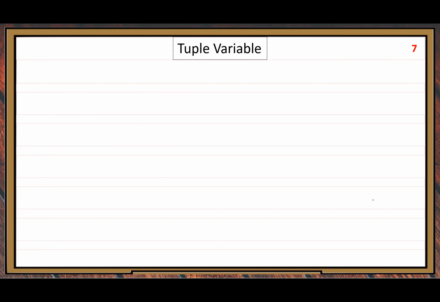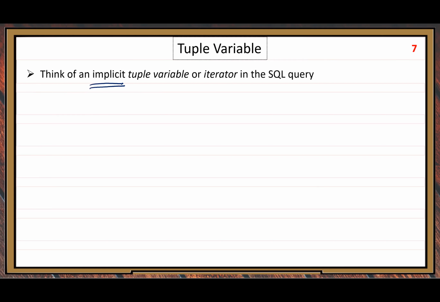Tuple variable. Now let us understand this concept. Tuple variable concept. Think of an implicit tuple variable. Implicit, so you may not be able to see it explicitly.